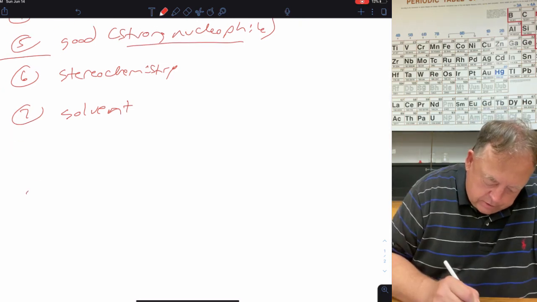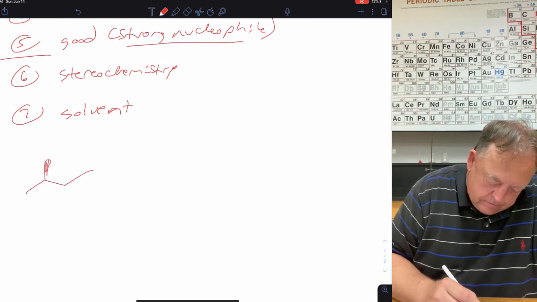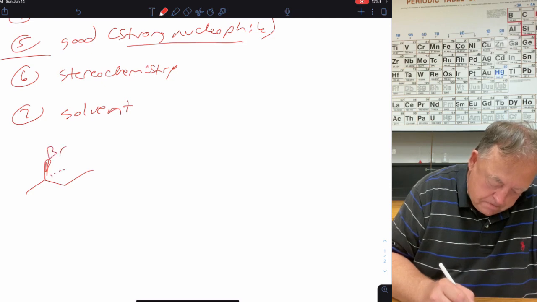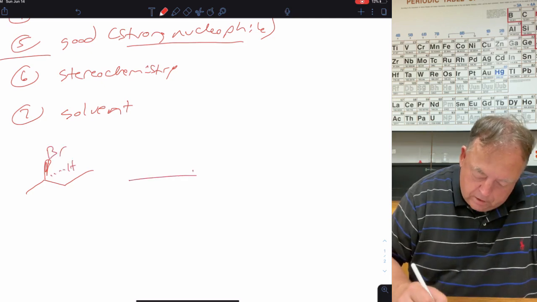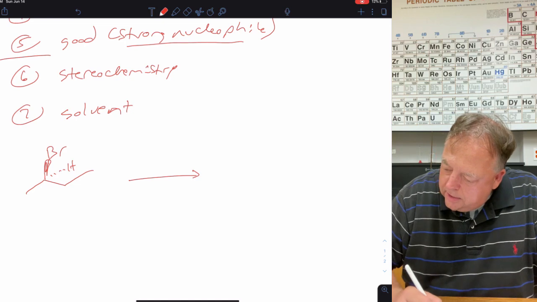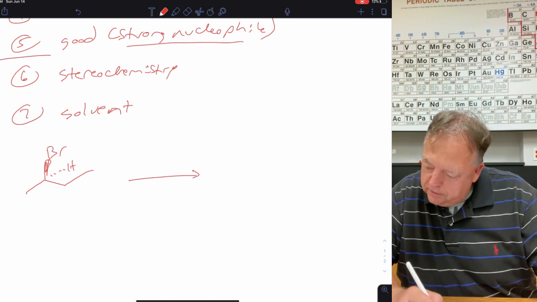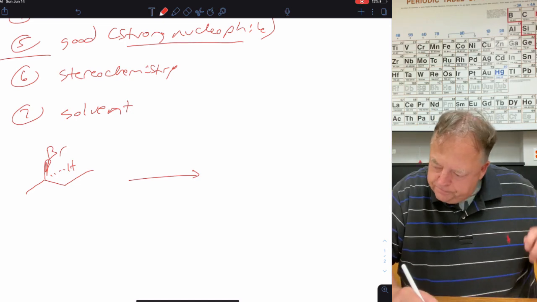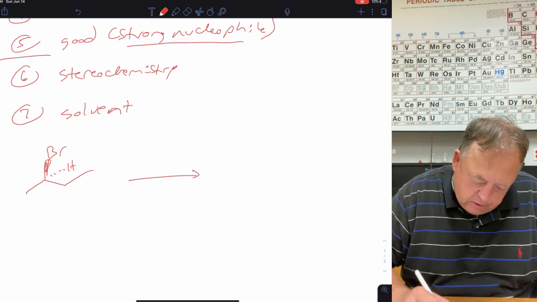Okay, so if we took this alkyl halide and we reacted it with, let's say, what's a good nucleophile to pick? Let's go with this one.